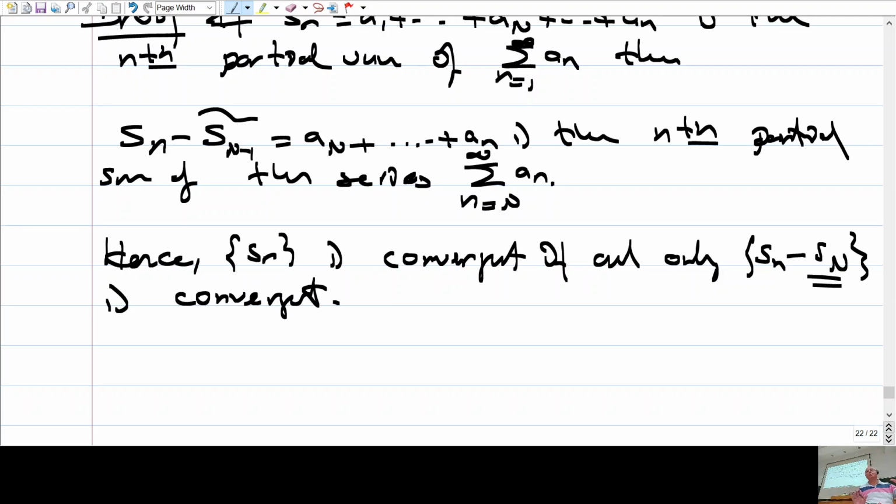Because this is a fixed number, the sum of the first, let's say, 500 terms. The important part of the series, which will determine whether the series is convergent or not, is not the first 500 or 5 trillion terms. The important part is the tail of the sequence, that infinite tail. That determines everything. Therefore, the first terms don't make any difference.